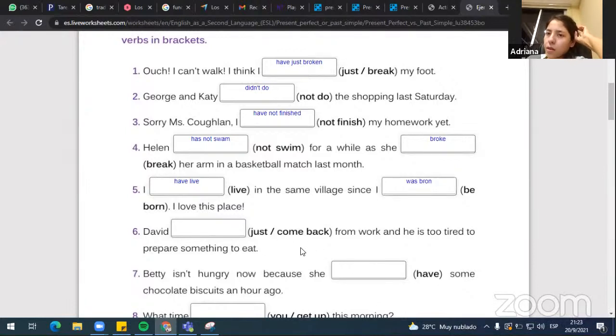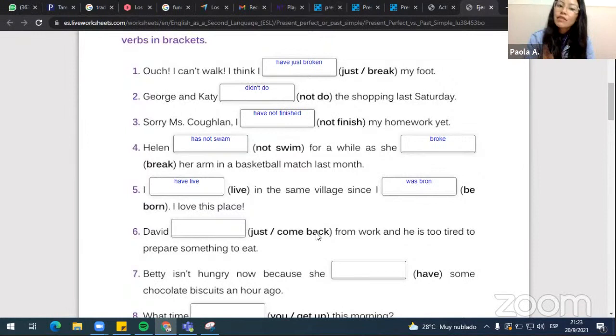So what we have to pay attention to here, sometimes we have keywords that help us to recognize. Hoy hemos visto since y for, right? Pero hay otras palabras que se usan con los perfectos. Just is an example. Ever or never is another example, no?